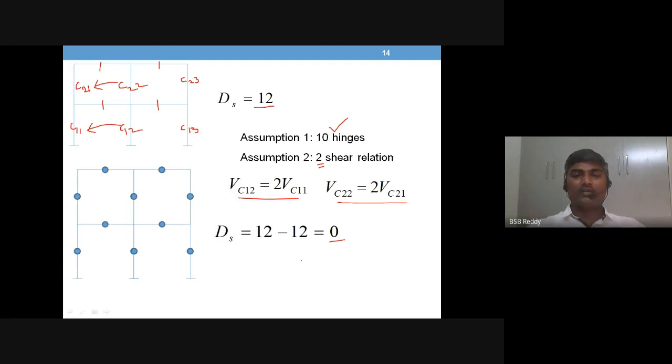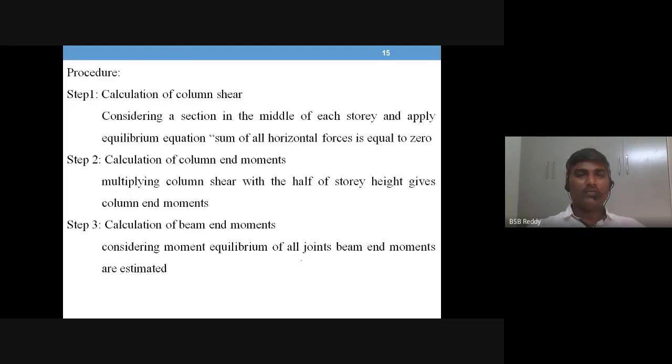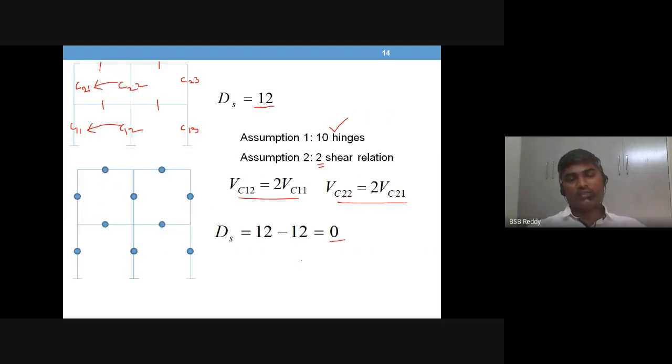Similarly, the other examples you can work out. So this is how you are going to impose the assumptions and check that the indeterminate structure becomes determinate.